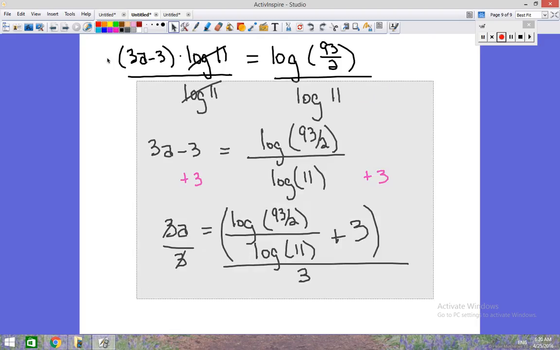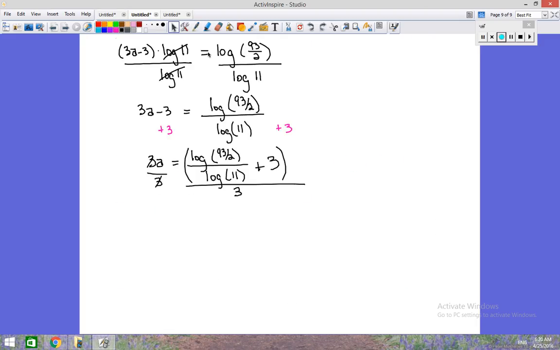So we're ready to go to our calculator. We have to be careful with how we enter it in. Put parentheses around your entire numerator. Put parentheses around your, well, in this case, we're divided by 3, so I guess I don't need the parentheses in the denominator. Alright, I get 1.5337.